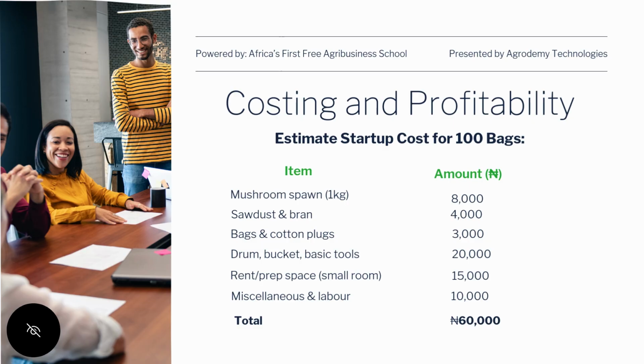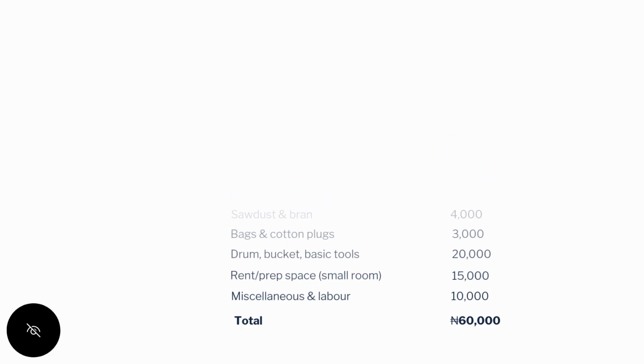You also buy bags and cotton plugs for 3,000, your drums, buckets, and basic tools for 20,000, your rent, maybe for 1 year, for 15,000, and your labor you spent 10,000. At the end of the day, it is safe to say that your startup cost for your first 100 bags is 60,000.